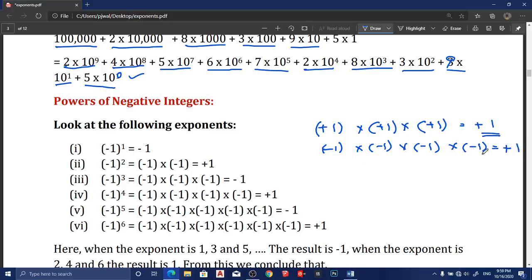If the number of integers is odd, you will always get a negative number. Observe here, how can you find this?